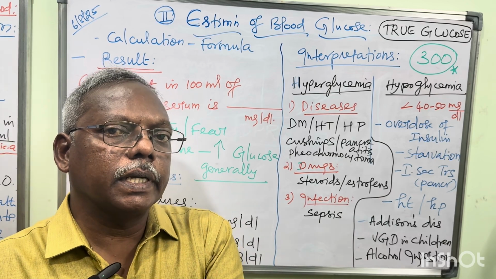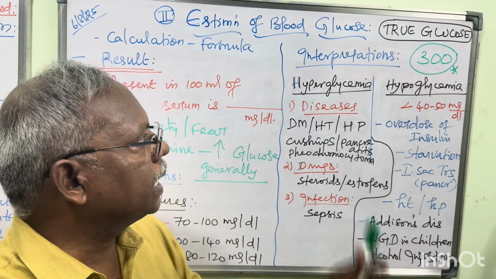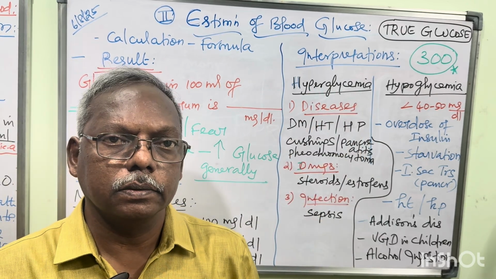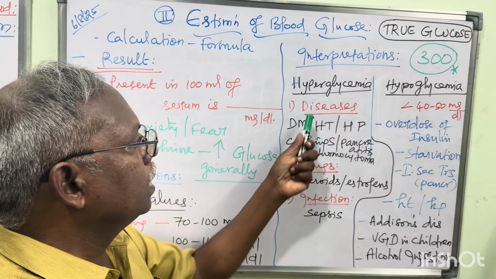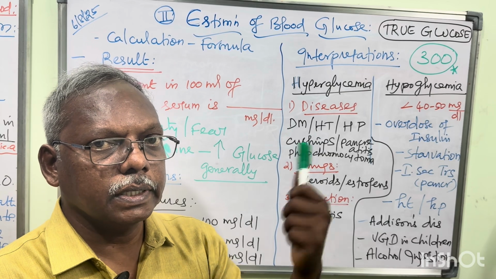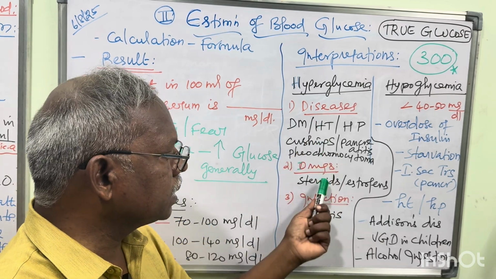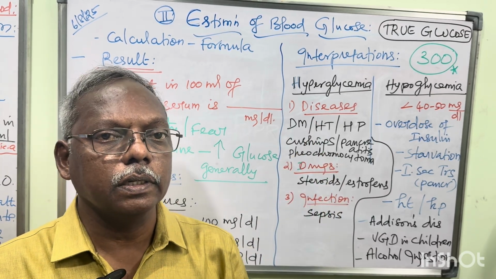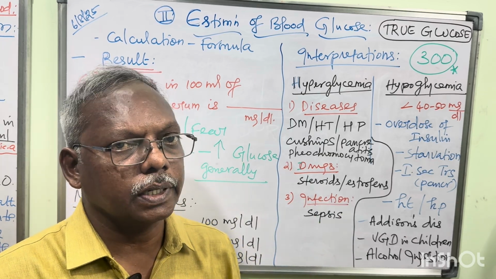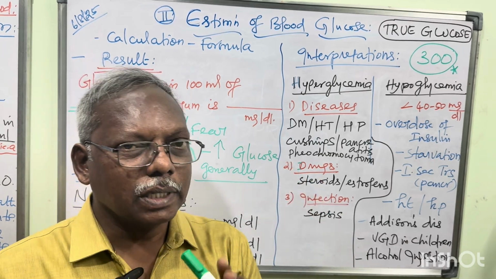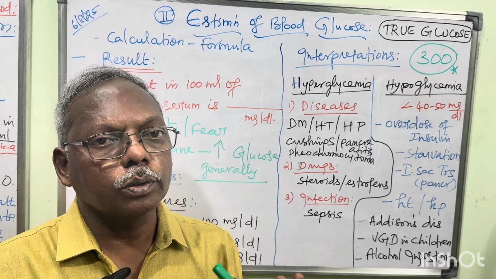Now, suppose the value is 300. What are all the conditions? Hyperglycemia. That is, glucose value is high. You all know the conditions for the hyperglycemia. I am giving in 3 topics. One is infection, usually sepsis. For any sepsis, the patient will go for hyperglycemia. Second one is some drugs always stimulate the glucose level.